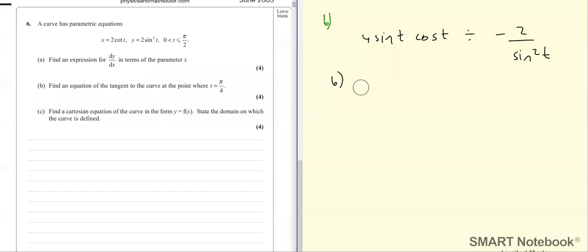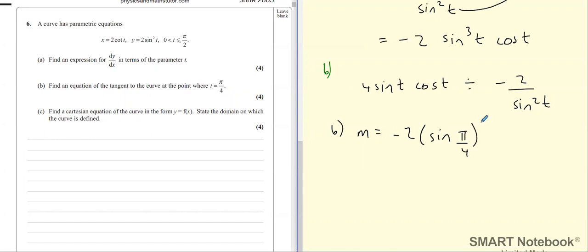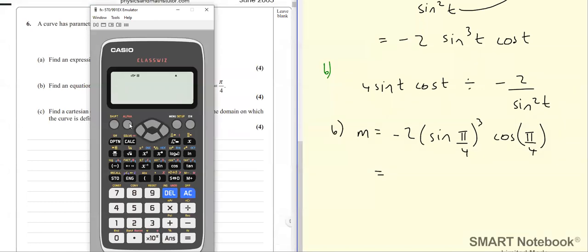So first we can work out m from the gradient. So it's going to become minus 2 sine pi over 4 to the power of 3, cos pi over 4. And just ensuring the calculator is in radian mode, or if you convert that to degrees and do it, same thing.